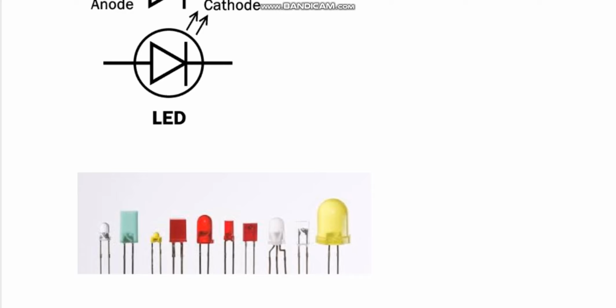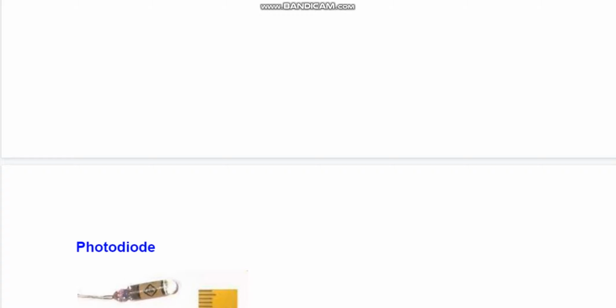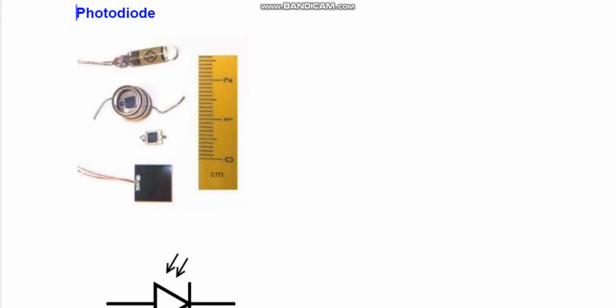Photodiode. The photodiode is a type of PN junction diode that converts light energy into electrical current. Its operation is opposite to that of an LED. Every semiconductor diode is affected by optical charge carriers. They are packaged in a light blocking material.